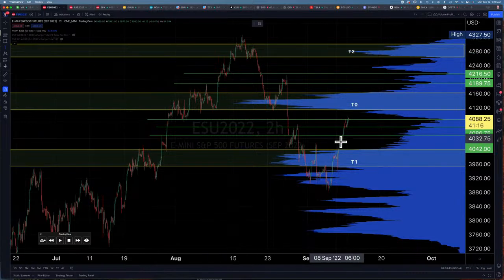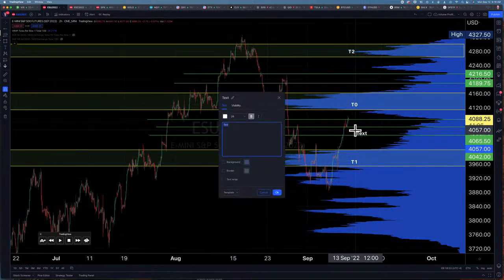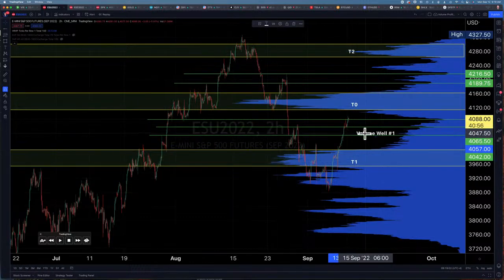Now, the one other thing that I like to do is I like to also identify this whole area as a volume well. And if there are multiple ones in the area, then I want to distinguish between them. So we'll call this one volume well number 1. All right, and then the one above it, I'll call it volume well number 2.